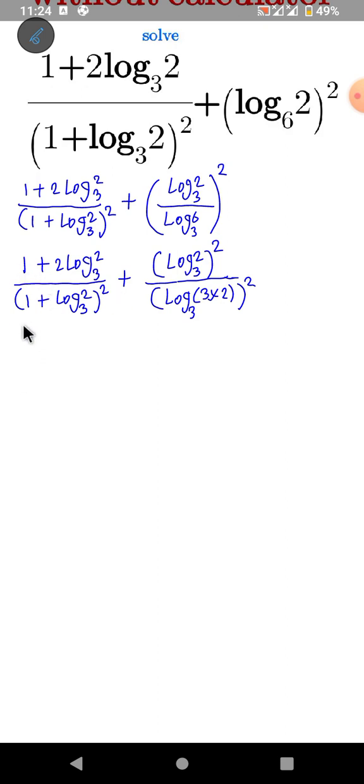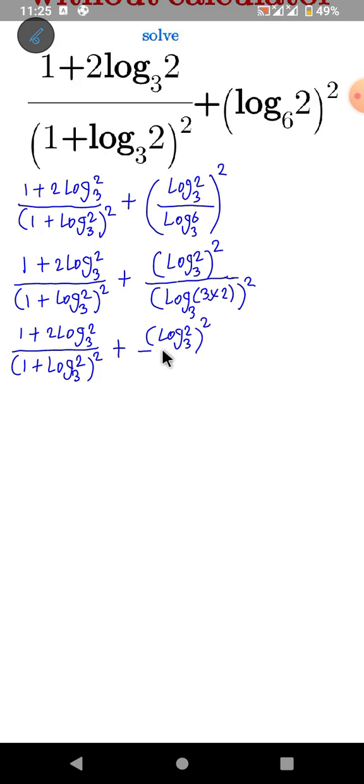Now we say 1 plus 2 log 2 base 3 all over 1 plus log 2 base 3 raised to the power of 2 plus, write this again, we say log 2 base 3 square all over, open my bracket again.